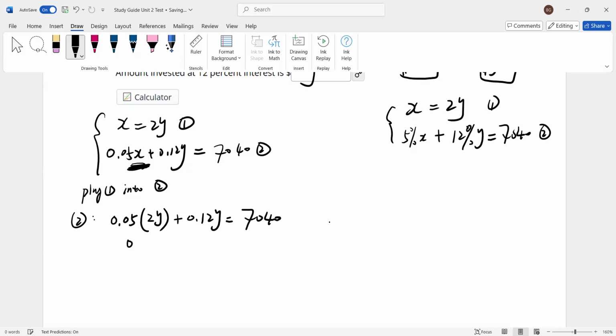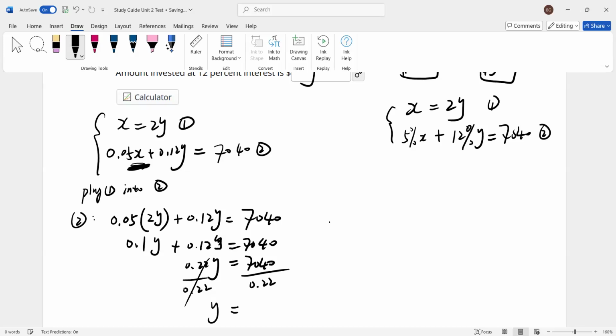0.05 times 2, that is 0.1. So 0.1Y plus 0.12Y equals 7040. Combine like terms: 0.1 plus 0.12 is 0.22. Isolate Y by dividing each side of the equation by the coefficient of Y, which is 0.22.